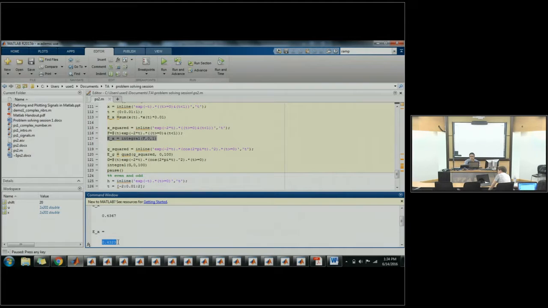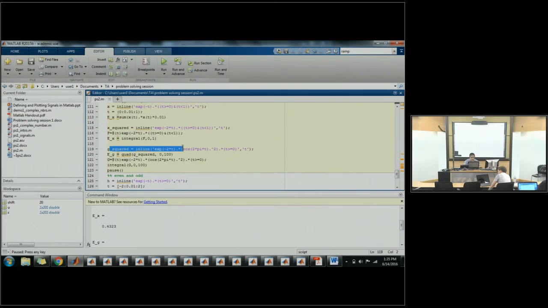You can go back and check that these values are correct. Now, here is another function that I integrated from 0 to 100. So, if you have an integration like 0 to infinity, you can take some high value like 100 or 1000 and then integrate it. Okay?